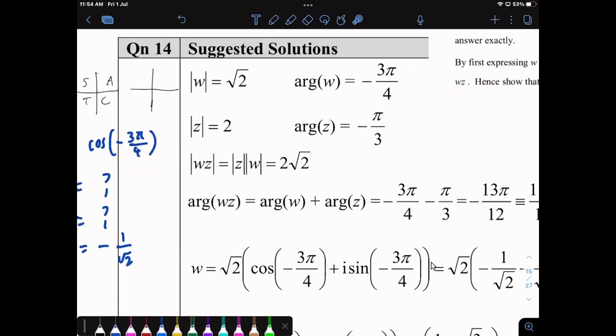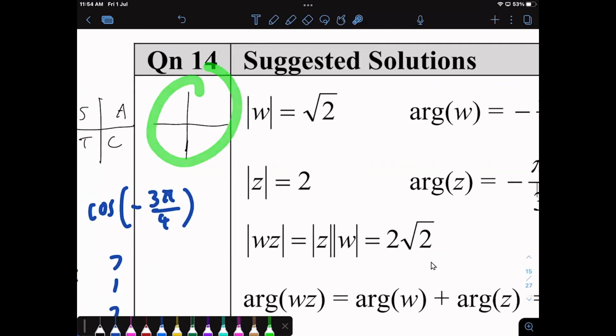So where is it in the quadrant? Negative, clockwise or anti-clockwise? Clockwise. So it's here 0, here negative 90, here negative 180. So 135 is somewhere in between here. Then where's your basic angle? It's over here.